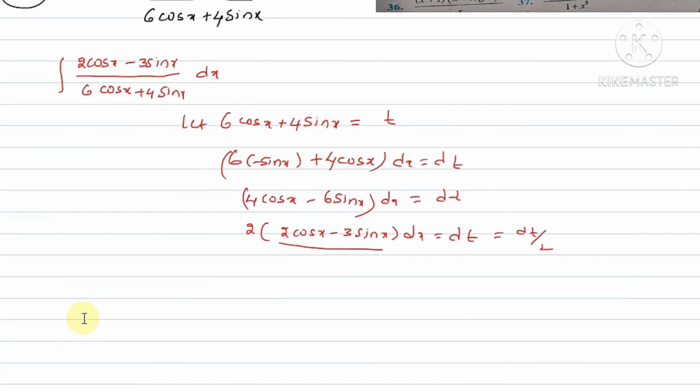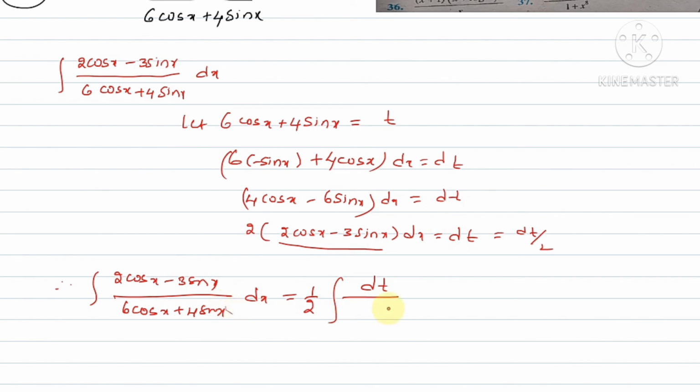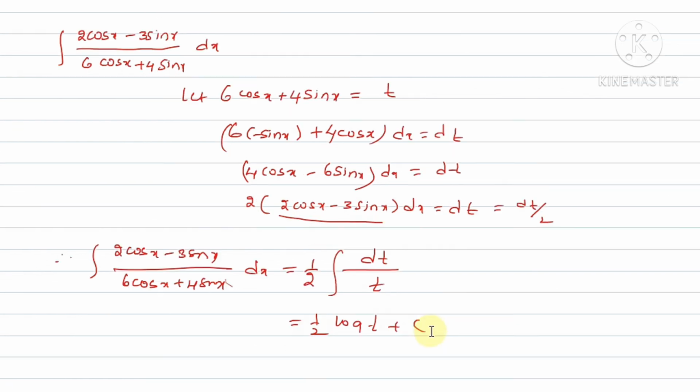We have to find the integral of 2 cos x minus 3 sin x upon 6 cos x plus 4 sin x into dx, which is equal to, since dt by 2, 1 by 2 times the integral where (2 cos x minus 3 sin x) dx is dt, and the denominator is t. Clear? Which implies 1 by 2, and this is log t plus some arbitrary constant c.